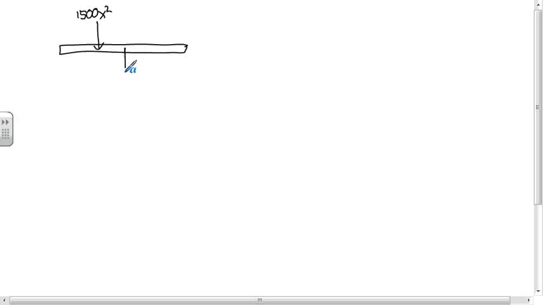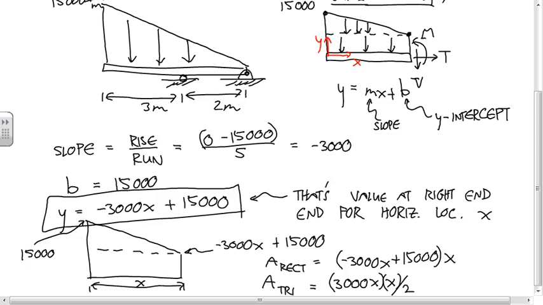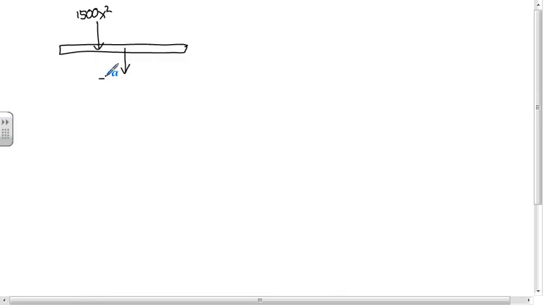And then due to the rectangle, you'll have negative 3,000 x squared plus 15,000 x. Then you'll have t, v, and m.